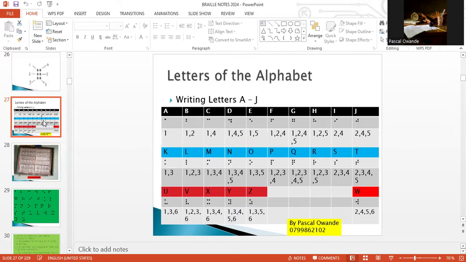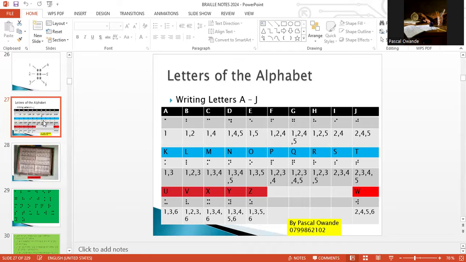Having written letters A to J, we now write letters K to T aligned to the first layer of the foundation, and we just add dot 3 to the upper dots to make the dots of the letters of the second layer.